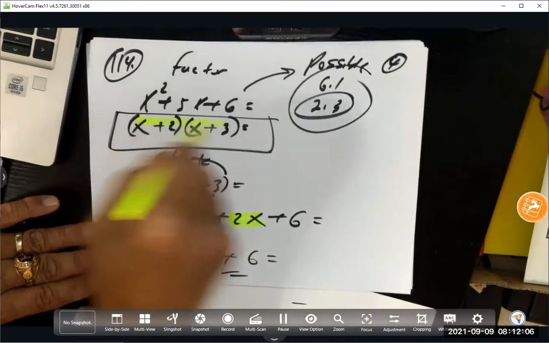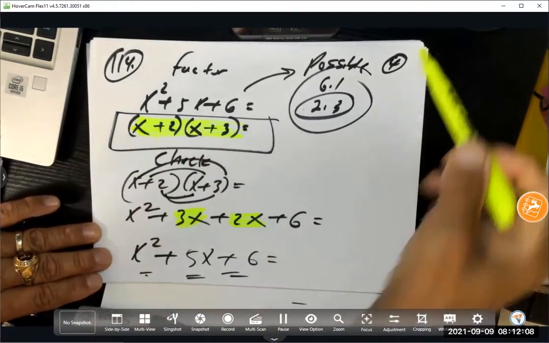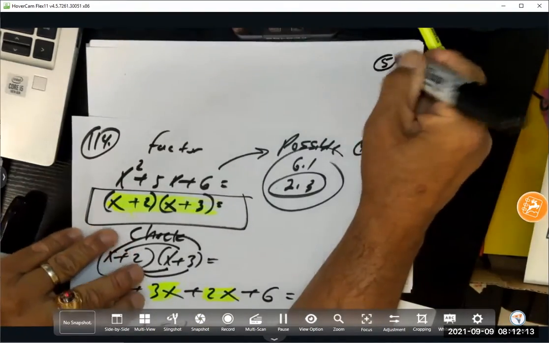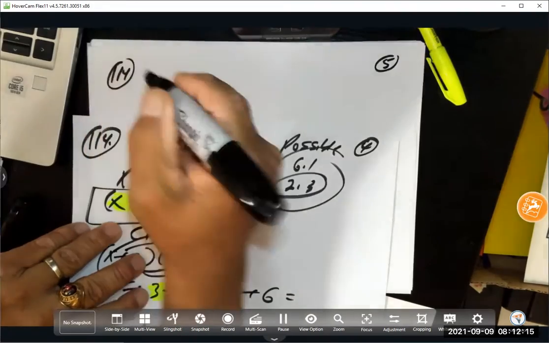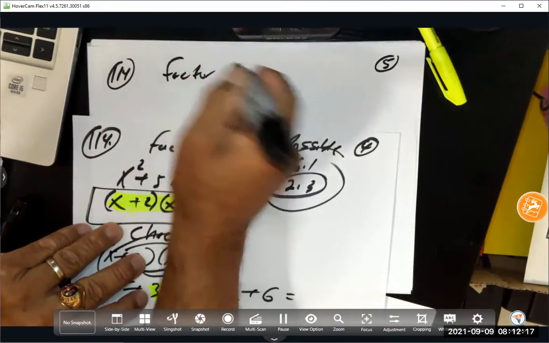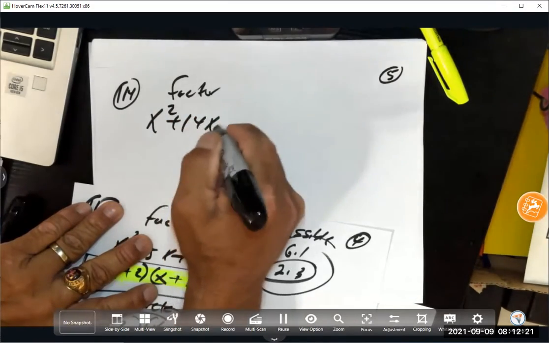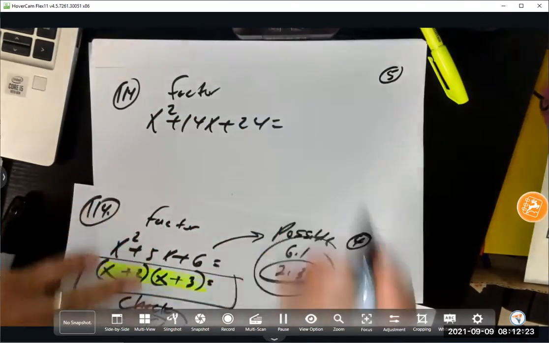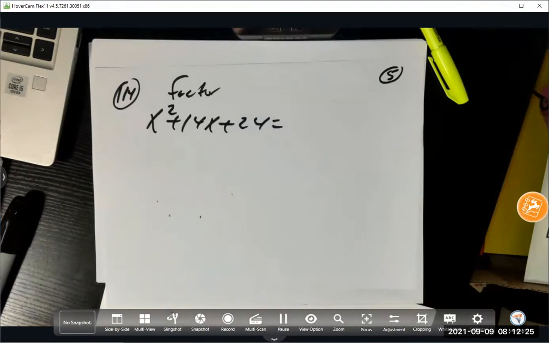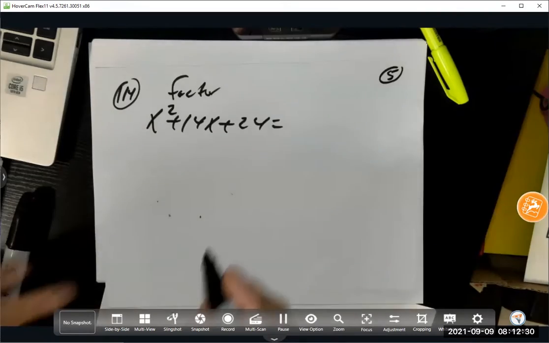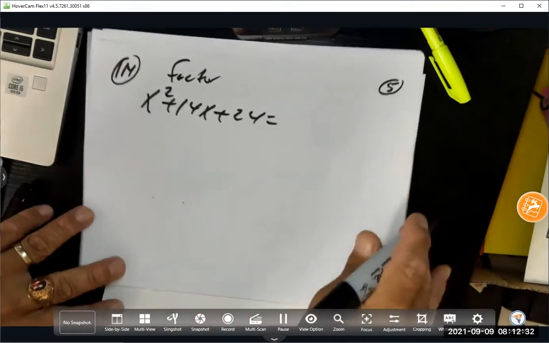Let me do another 114, just changing the numbers. I'm going to say the word factor, and let me use one that you know how to do. I think we did this one before, so maybe you remember. x squared plus 14x plus 24. So it's factor. Always look at the last number.